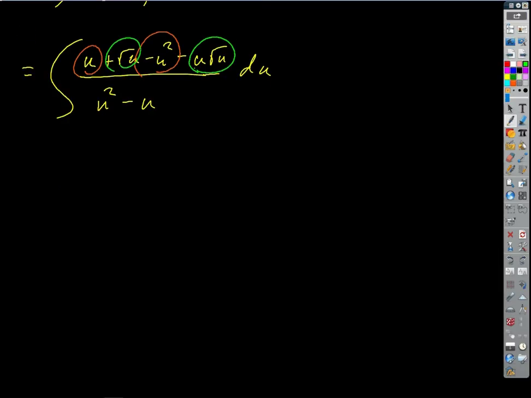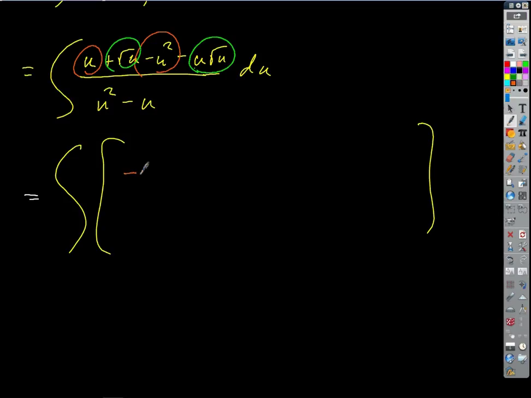This is just cool. Okay, so if we break this up, we could make this look like the integral of a whole bunch of stuff. The first fraction is going to be these two.